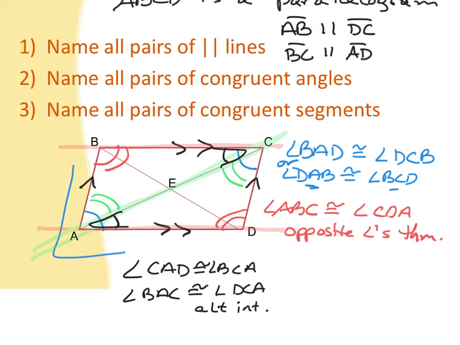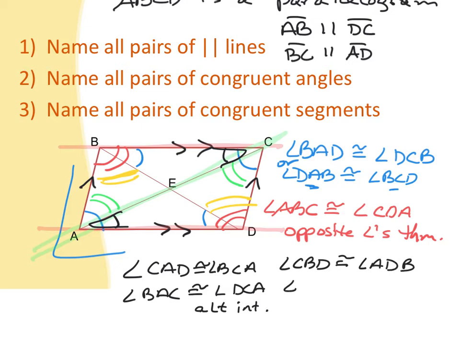I can do the same thing over here. I've got this one congruent to this one. And then 1, 2, oh, I should use a different color here. Let's do yellow. 1, 2, and 1, 2. So these are going to be named as angle CBD, which is congruent to ADB.